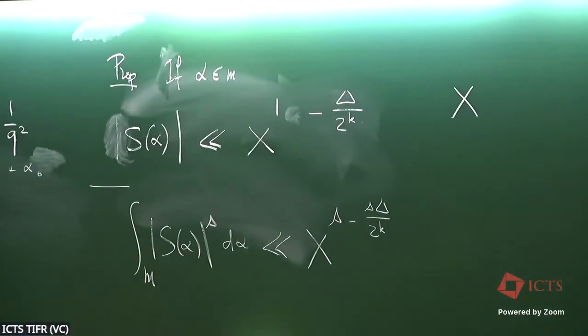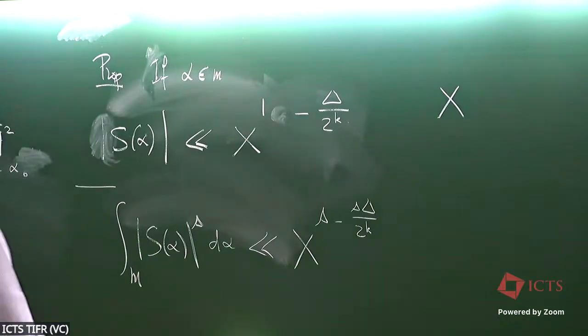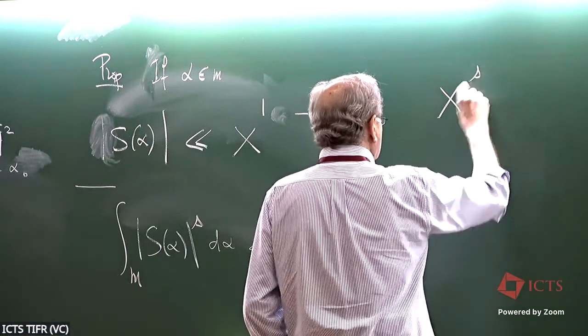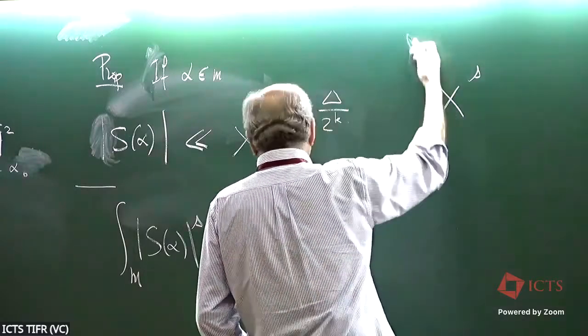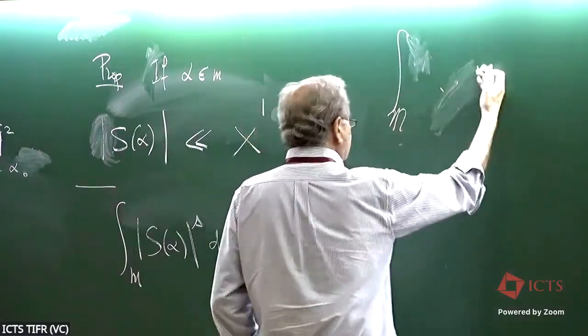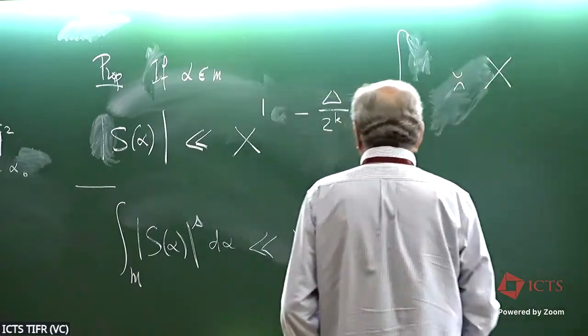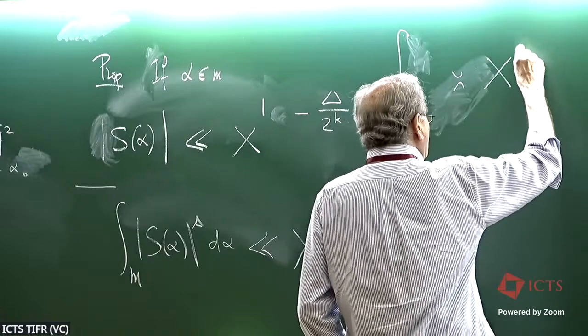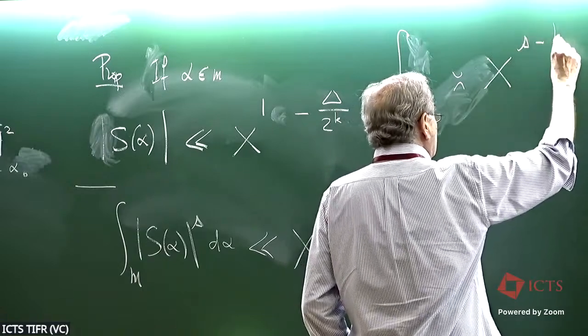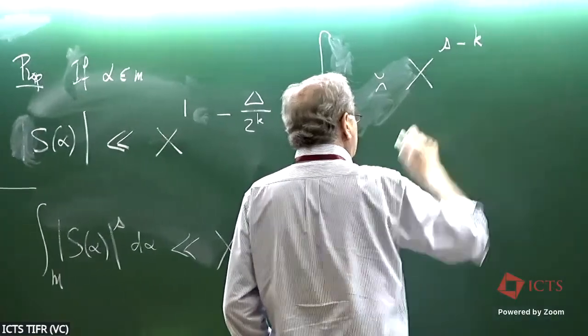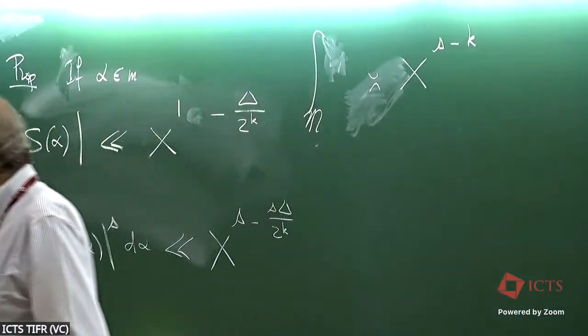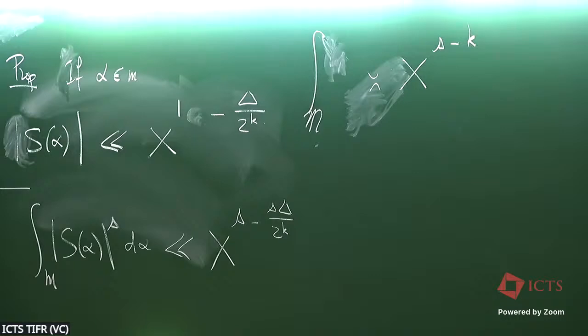So what you get is something which is of the order x to the s minus k. I replace n to the s over k minus 1 in terms of x, and x is n to 1 over k.